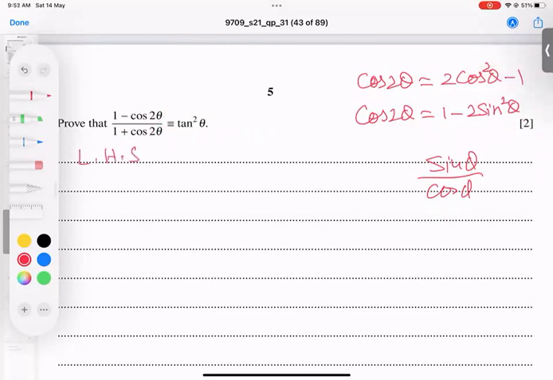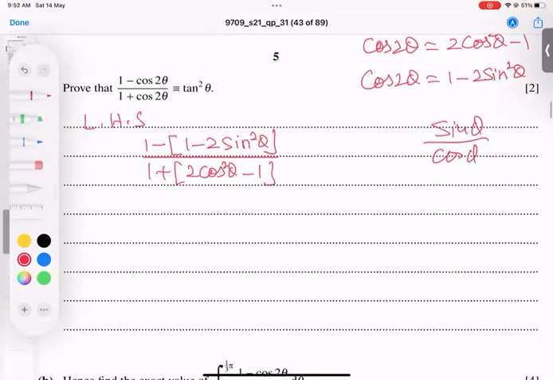LHS, left hand side: 1 minus, in the bracket, I'm replacing 1 minus 2 sine square theta. And denominator, 1 plus 2 cos square theta minus 1. So expand the bracket: minus 1 plus 2 sine square theta over 1 plus 2 cos square theta minus 1.